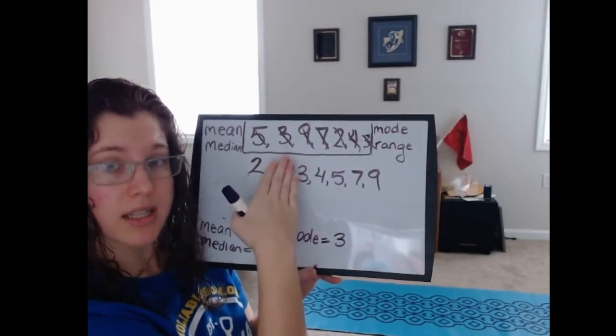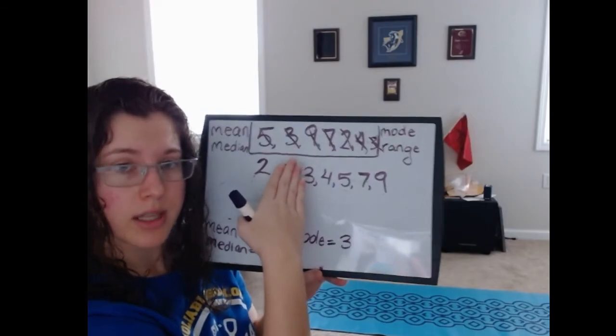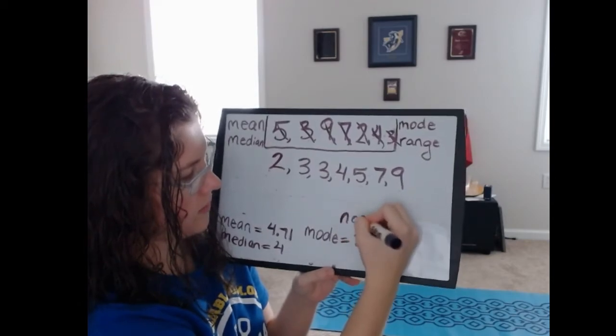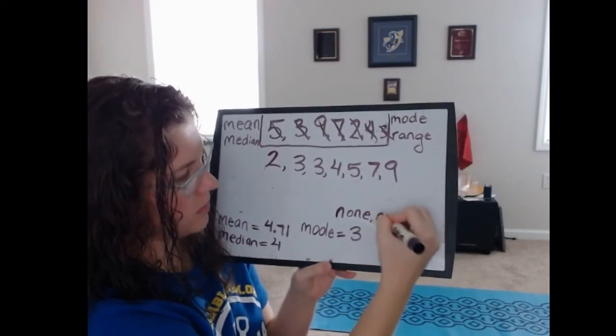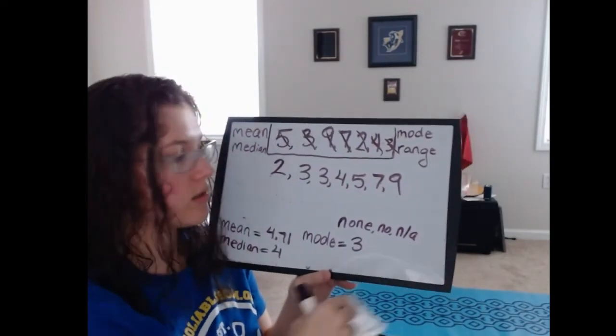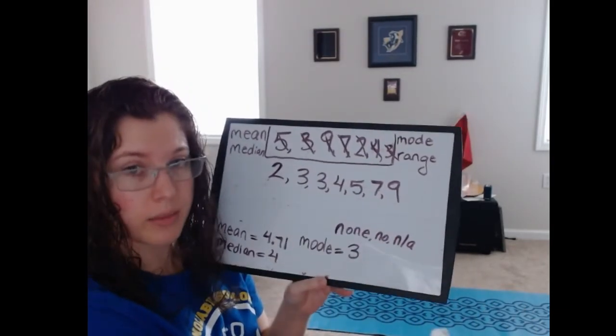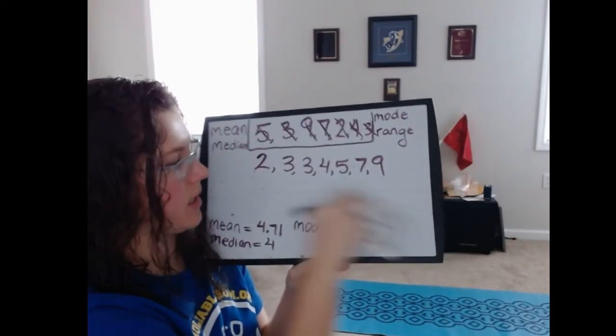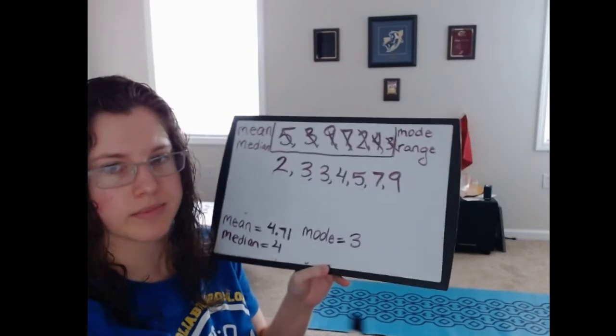If that's the case, and it still asks you for mode, then you need to write none or no or NA, something like that. Do not write 0, because 0 could be a number in here. 0 would be wrong, because 0 is a number, and we don't have that in our data set.